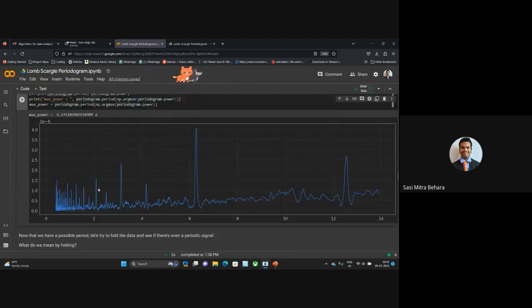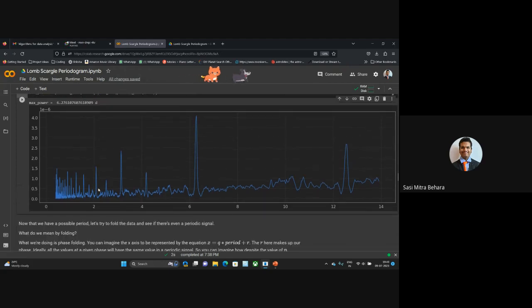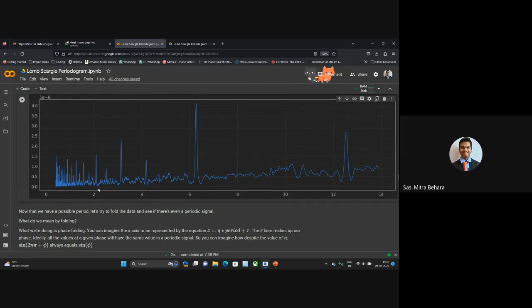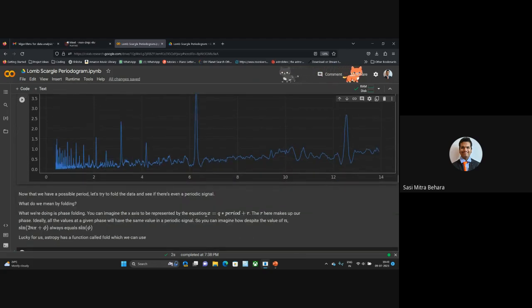Now that we have a possible period, we need to fold the data to see if there's a signal there at all. So what does folding mean? You can imagine the x-axis to be represented by the equation x equals some quotient q times t plus r. The r is basically making up our phase. Ideally all the values at a given phase will have the same value in the periodic signal.